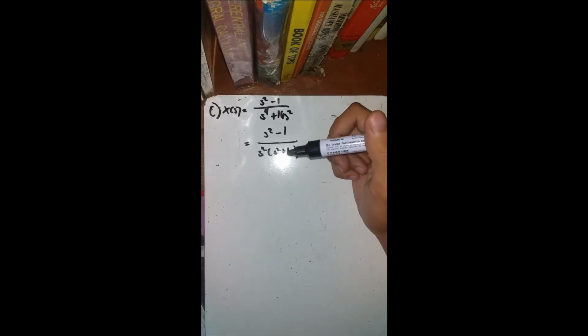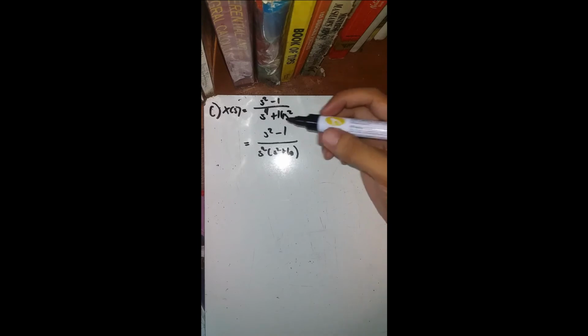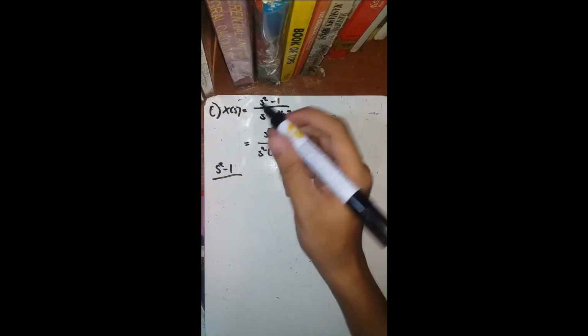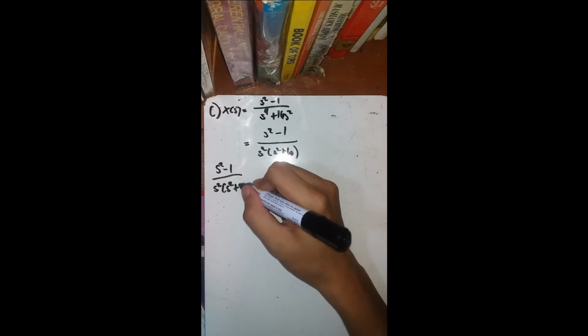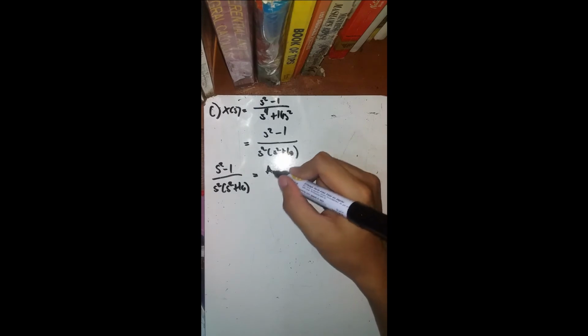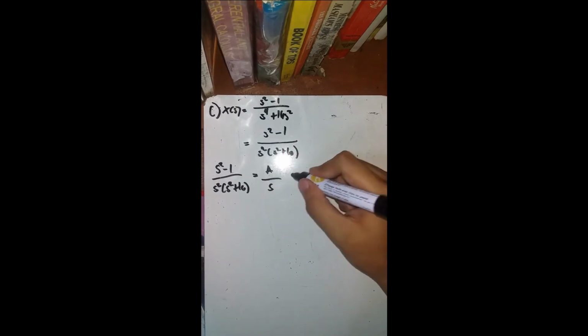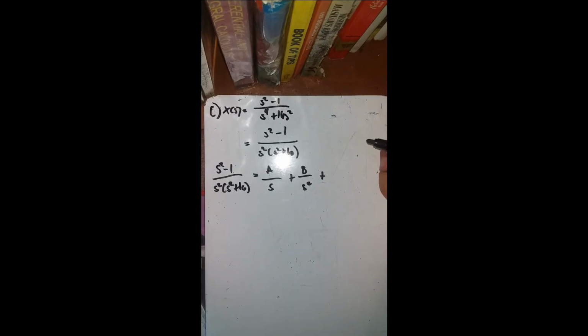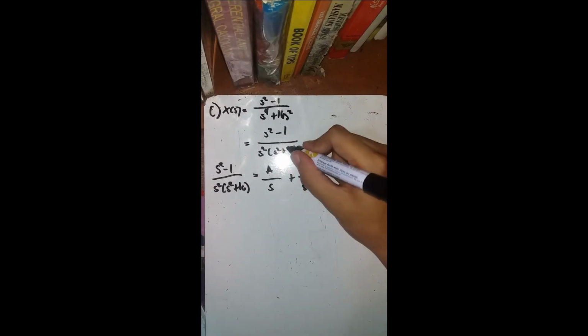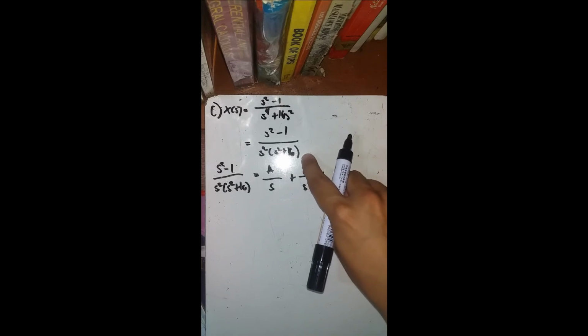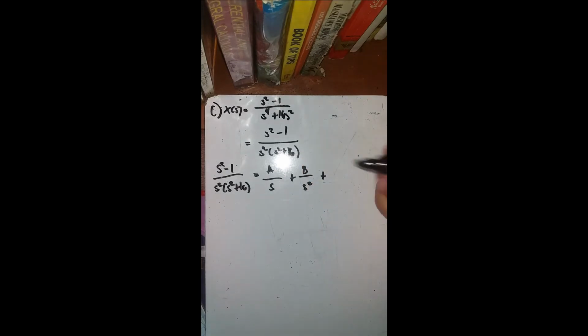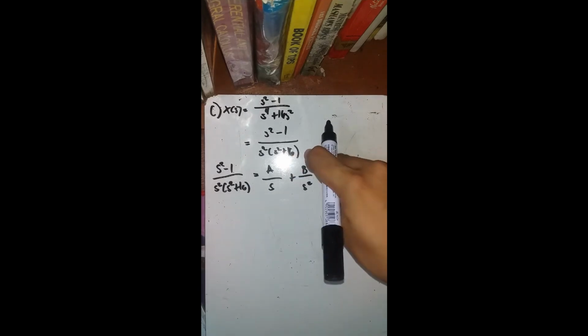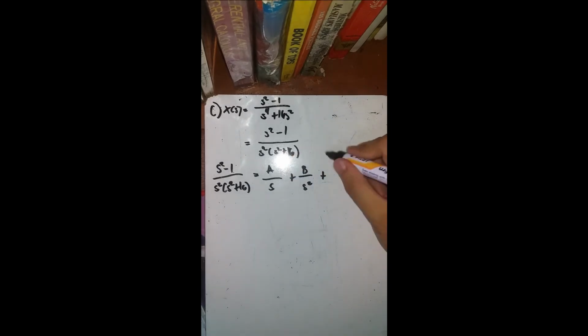Now this is actually a repeated factor. So s squared minus 1 all over s squared times s squared plus 16 equals a over s plus b over s squared, plus, this is not repeated but a quadratic, ds plus c all over s squared plus 16.